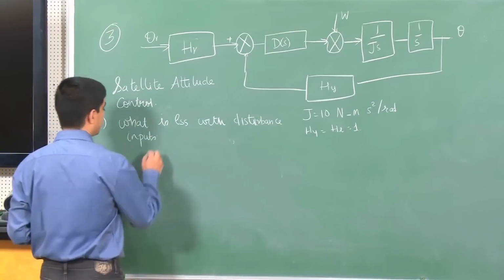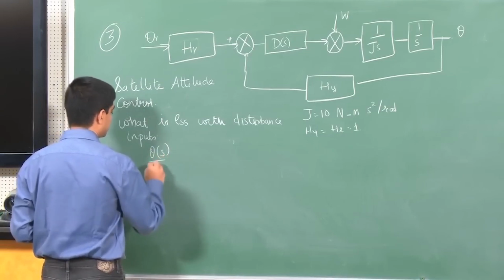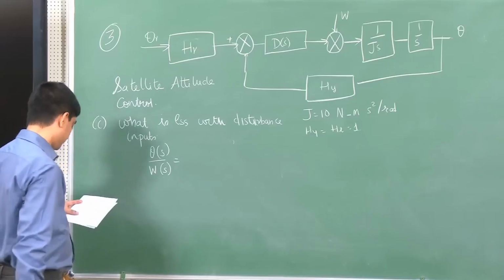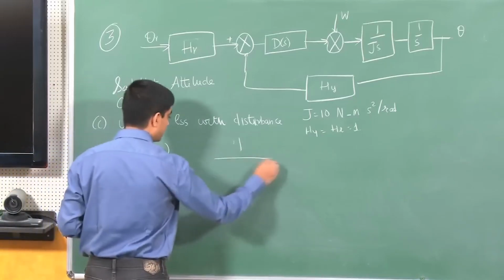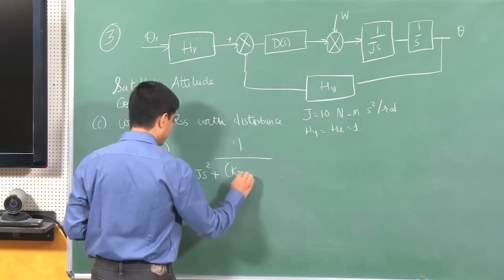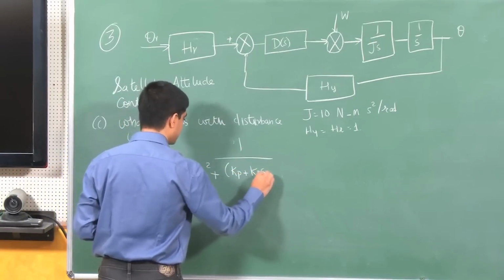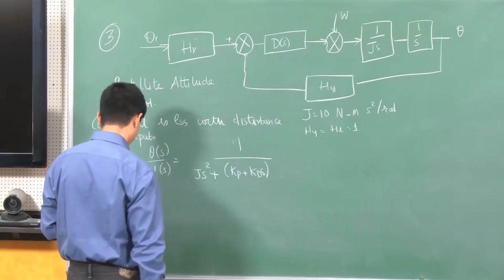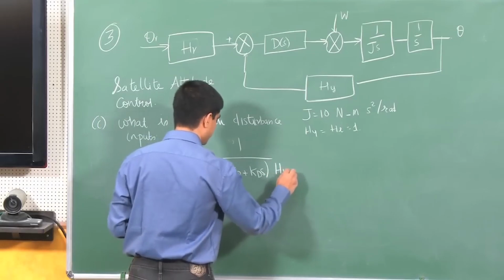Well, for that I need to find out the transfer function theta(s) over W(s), or the effect of W on theta, that I could compute. Again, this is a straightforward computation: Kp plus Kd s times Hy.